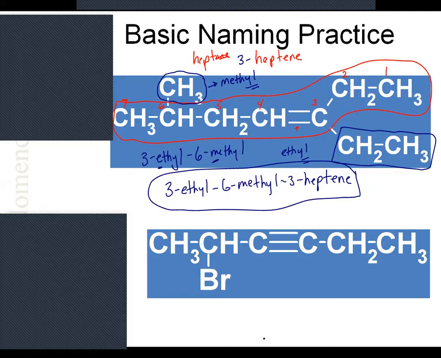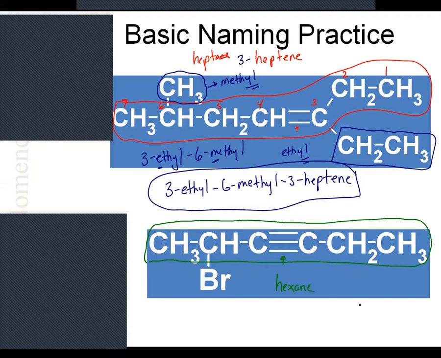So looking at the bottom one here, if we count, we've got 1, 2, 3, 4, 5, 6 carbons. Again, in this case, straight across is your only option. So our 6 carbons is going to be based off of hexane. We have a triple bond in this case, so we're going to drop that, and that's going to give us the base of the name of hexyne.